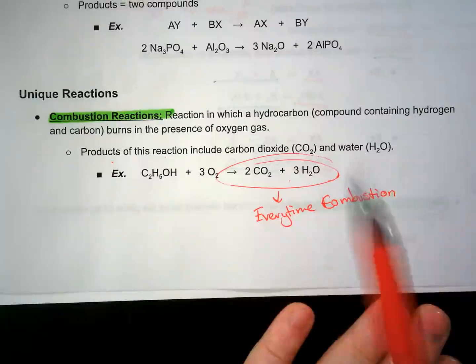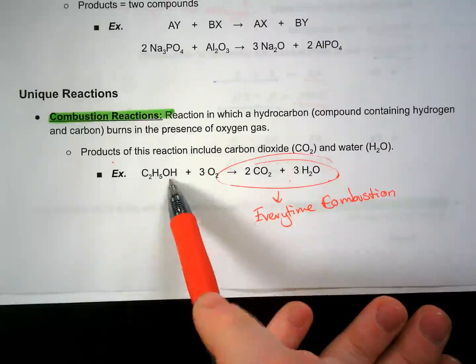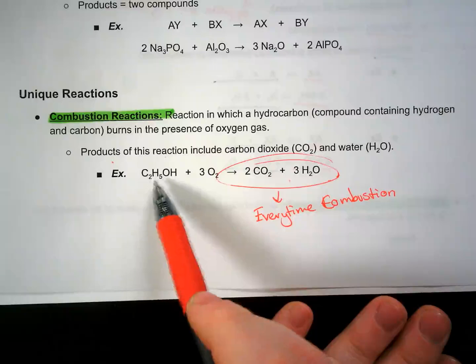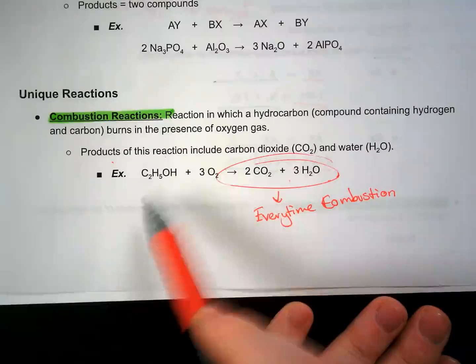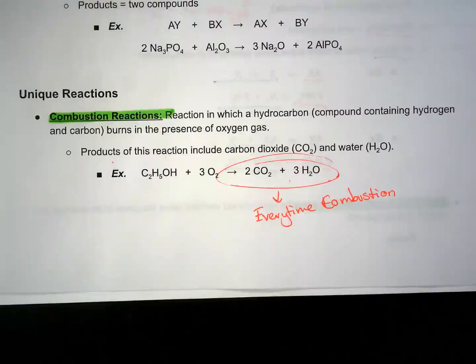It's still combustion. A good way to see this is that for the most part, if most of the material you're working with is carbon, hydrogen, and oxygen, it's going to be combustion. It's not true every time, but for the most part, it's pretty much true.